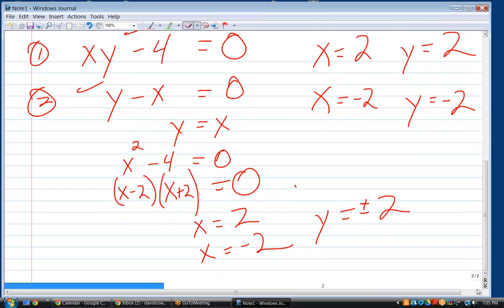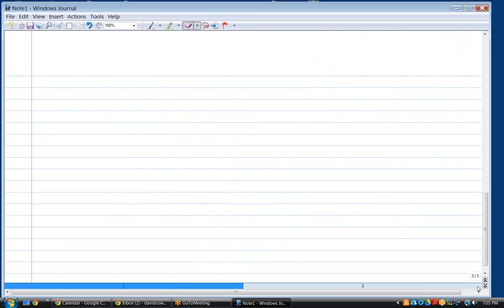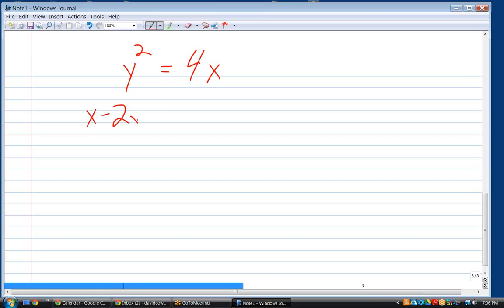All right. What else? y squared equals 4x. x minus 2y plus 3 equals 0. y squared equals 4x. What was the second one? x minus 2y plus 3 equals 0.